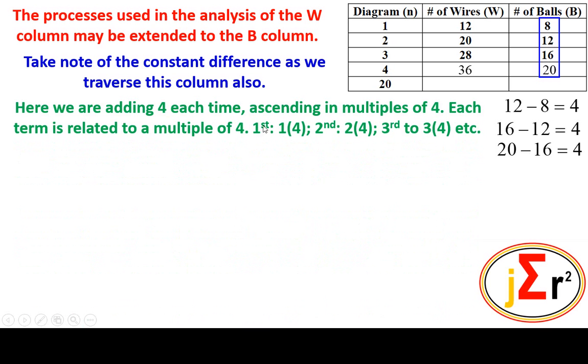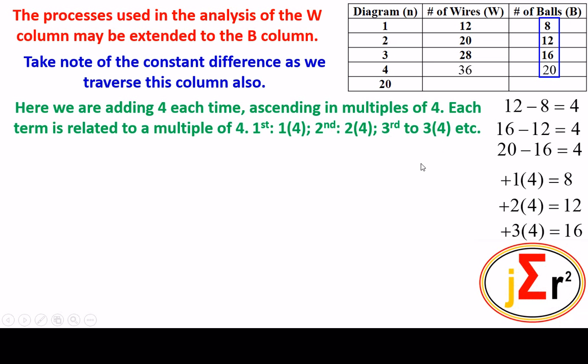The first is 1 times 4. The second, 2 times 4. The third, 3 times 4. Because we are going up by 4 each time. And if we continue to add 4 each time, then we will be adding, consequently, multiples of 4.